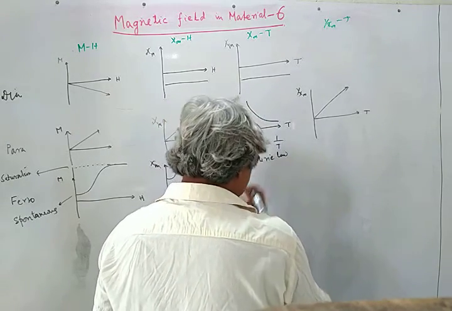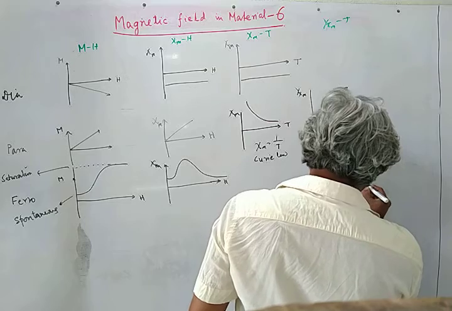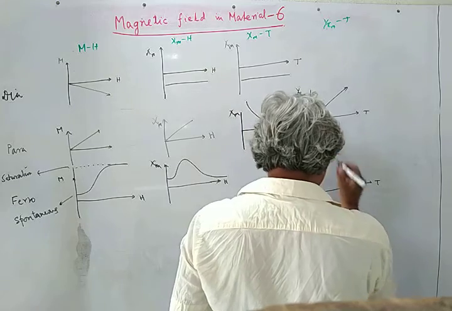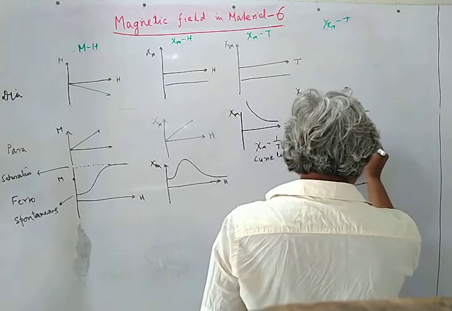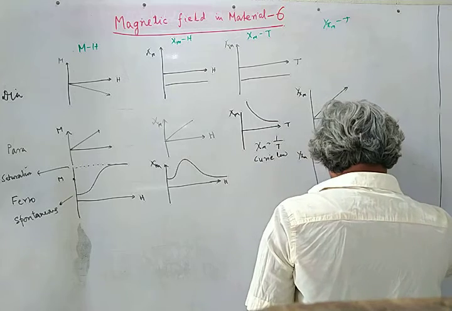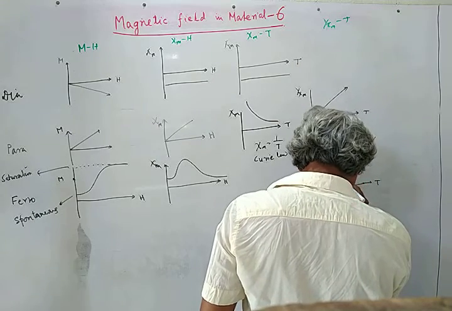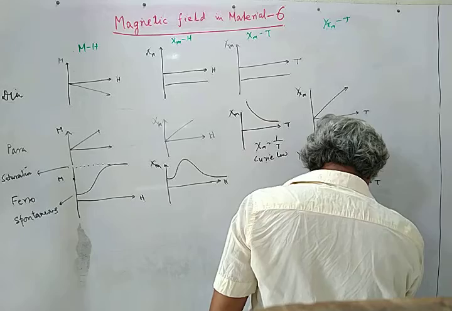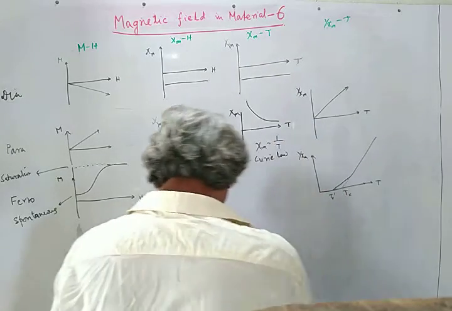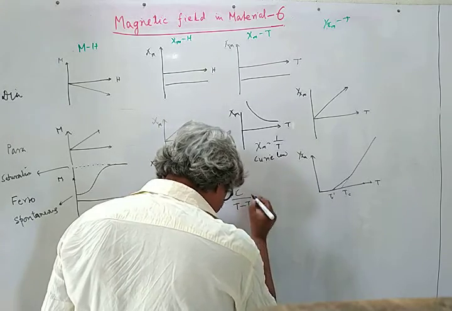For such materials, if we look at the variation of susceptibility, or reciprocal of susceptibility, with temperature, it is found that chi m is some constant C by T minus Tc.